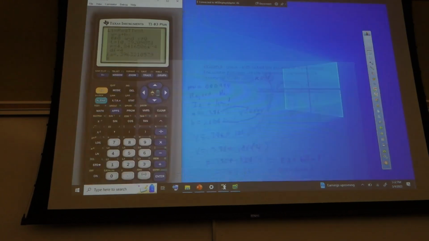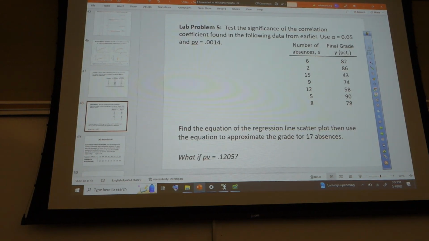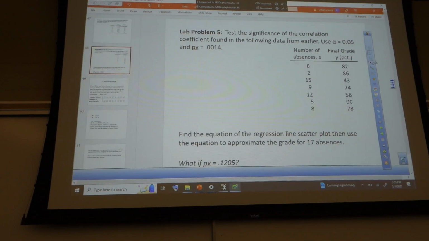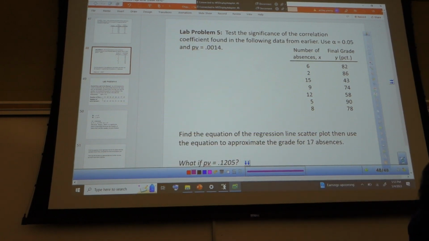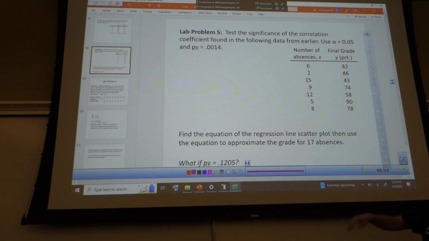Now, you have not done the test for this one yet, I don't believe. Is that correct? You do know what your p-value is, and your R, and your A, and your B. You have those already from lab problem 3, but you haven't done the full hypothesis test. So go ahead and do the full hypothesis test.